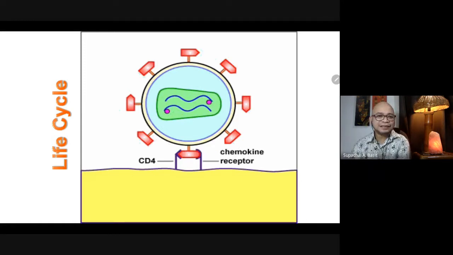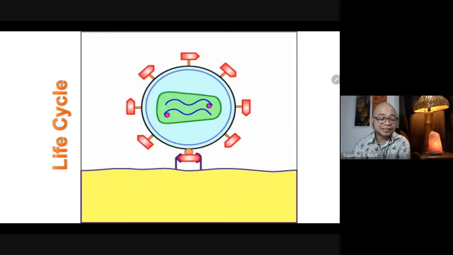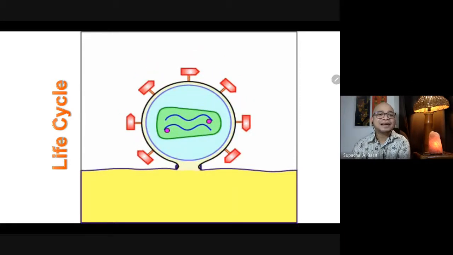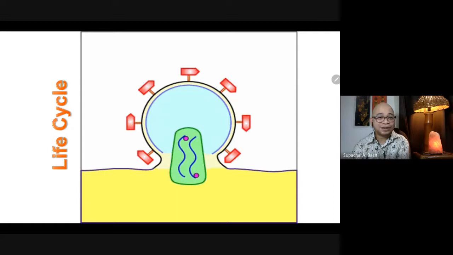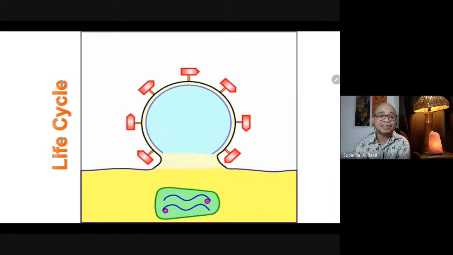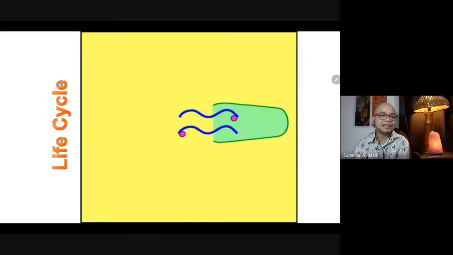Then there will be a conformational change in glycoprotein 120, and that will allow the entry, and then a conformational change in glycoprotein 41, and that will allow the entry of the capsid. Okay, particularly the core of the virus that contains the nucleic acids and the enzymes. So the envelope will be left behind. And then the core would be uncoated, and then it will release the single-stranded RNA.